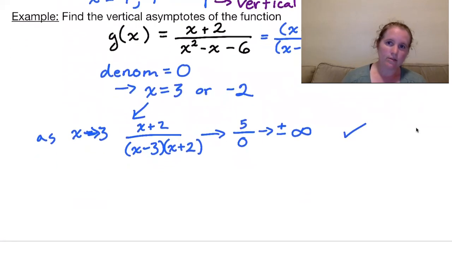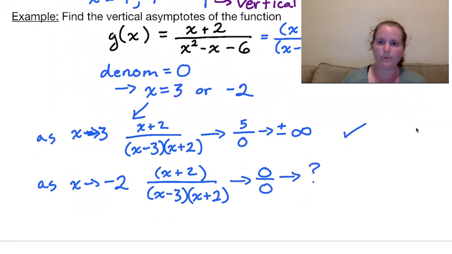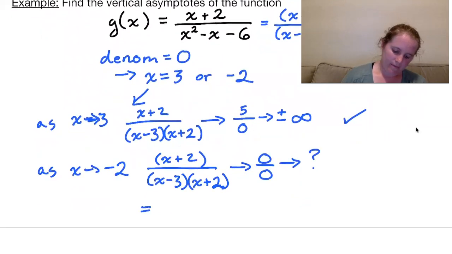As x goes to negative 2, we have x plus 2 over x minus 3 times x plus 2. Both the top and the bottom will go to 0. And who knows what happens with that, right? But as we saw when we did limits earlier, this is almost the same as 1 over x minus 3.